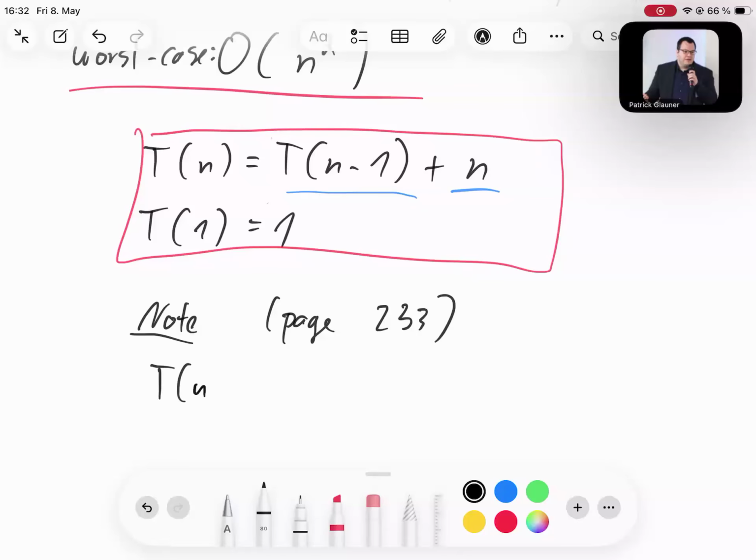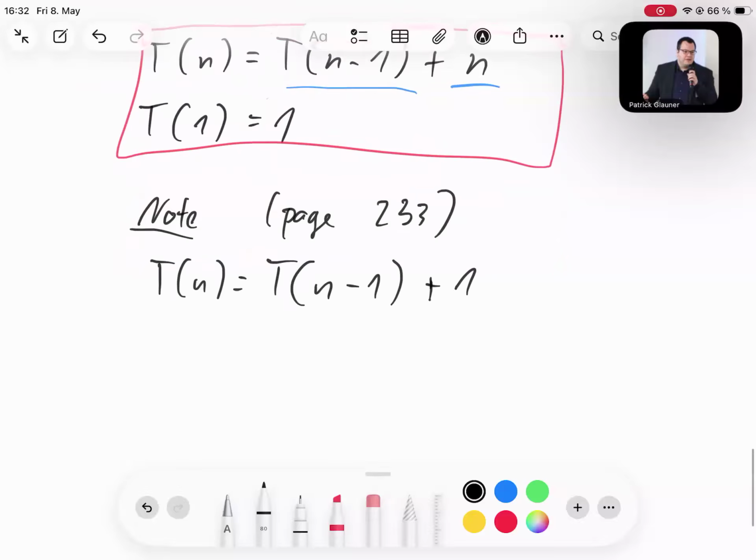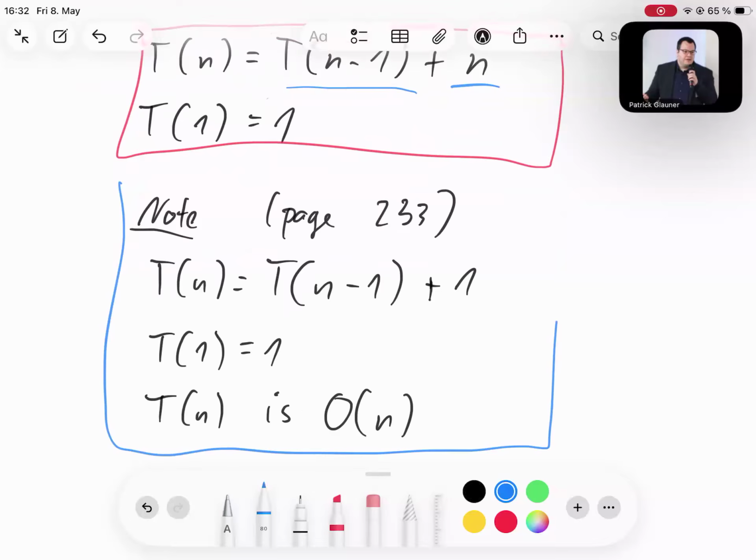We saw that if T of n is T of n minus 1 plus 1, then T of 1 is 1, and T of n is O of n. This was something we had put in the slide as a reference, but here this is a 1. And that one would come, for example, from a regular sequential search. Then something like this would be O of n.